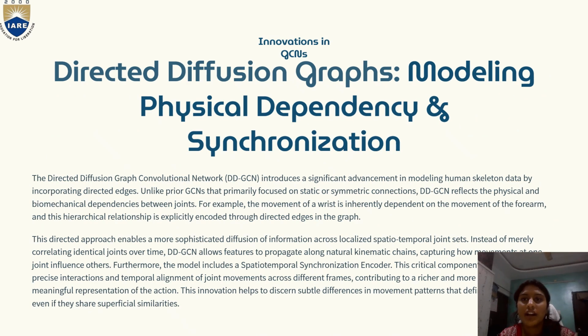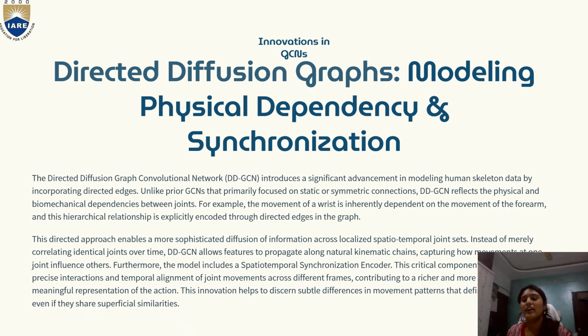Directed diffusion graphs, modeling physical dependency and synchronization. Directed diffusion graph (DDGCL). Unlike static or symmetric graphs, directed graphs add directional edges. Wrist depends on forearms. Arms depend on shoulders.